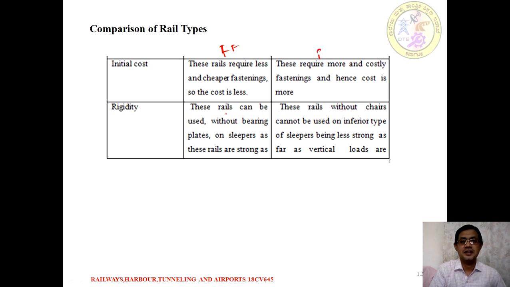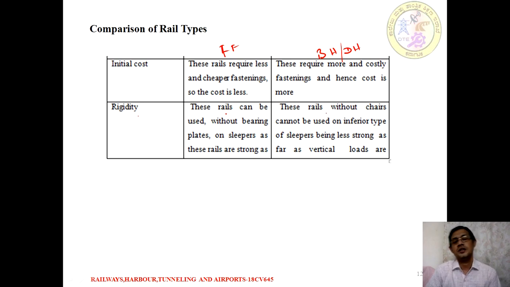Whereas the bull headed rail and double headed rail are going to be costly, because the chairs are required, and accordingly the fastenings are required. Moving on to the next parameter, that is the rigidity. The flat footed rails can be used without any bearing plates on the sleepers, so these rails are stronger as they are.